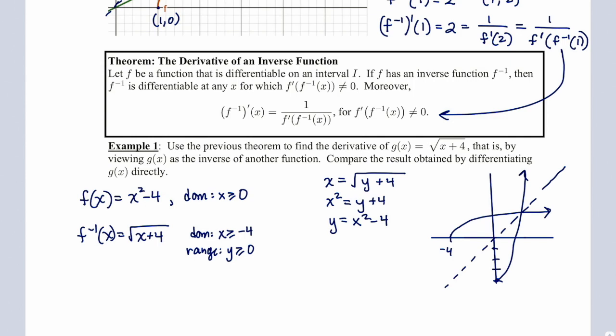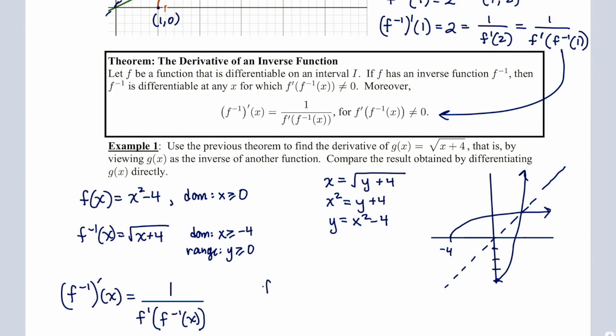Okay, so we've said this function g happens to be the inverse of x squared minus 4, at least for x greater than or equal to 0. Using that idea, the derivative of this f inverse, which is the derivative we're trying to find, by this formula is the reciprocal of, or 1 over, the derivative of my original function evaluated at the inverse function.